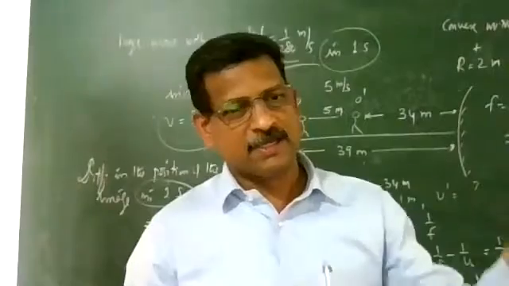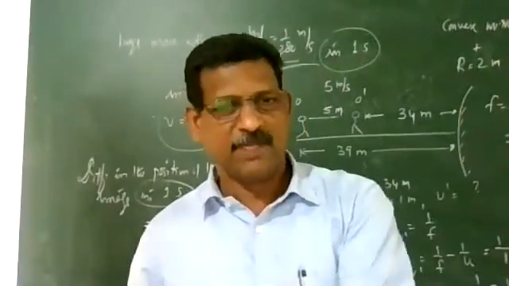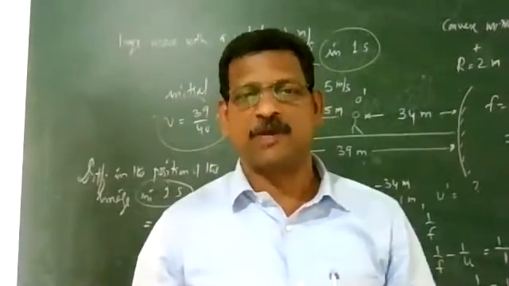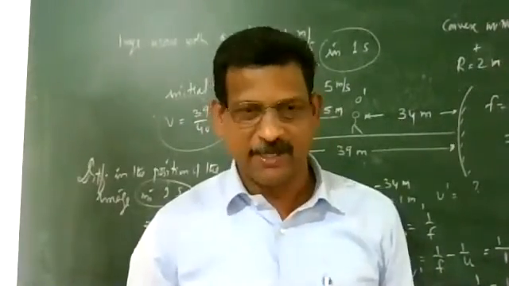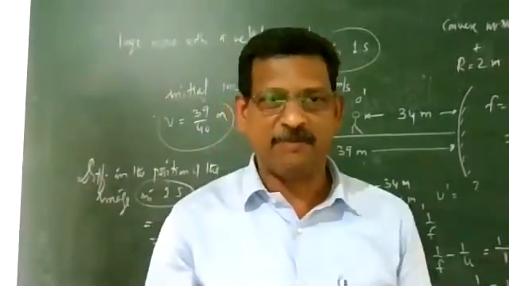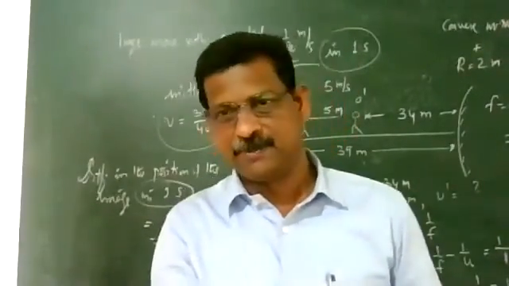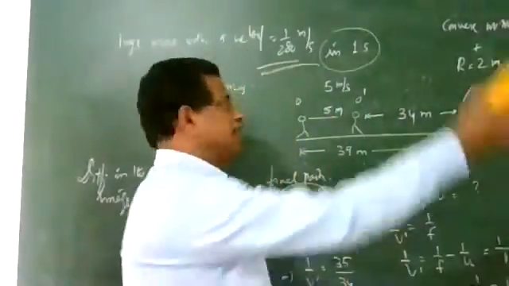Second, some part of the light is transmitted into the other medium, which we call refraction. And some part of the light is absorbed by the medium. So the second process is refraction of light. As per your syllabus, the exact portion starts from refraction of light.